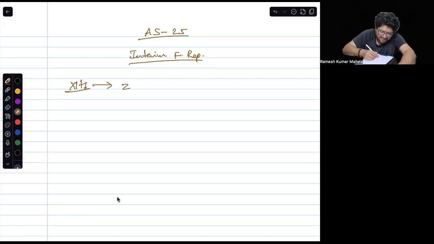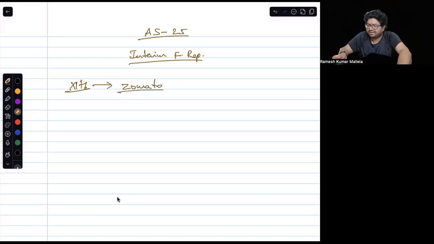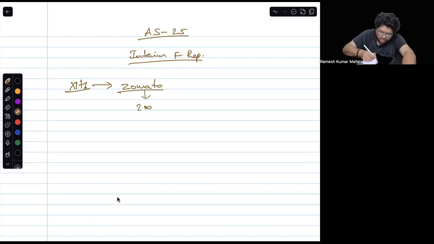A platform play like Zomato. Okay. It came up with a platform like Zomato, and this Zomato raised 200 crores as fund. Startup fund. It has raised, and 200 crores is a very small number actually for Zomato.